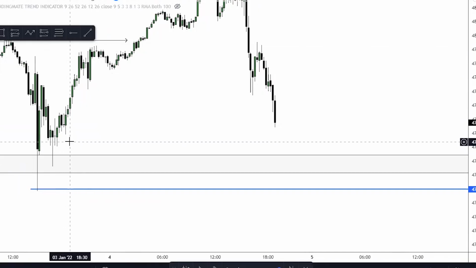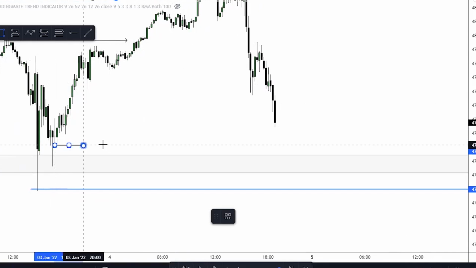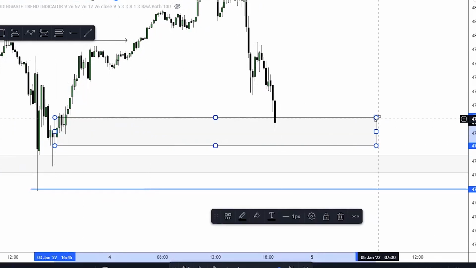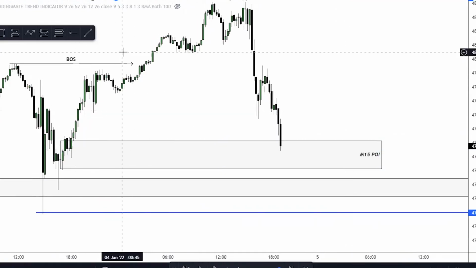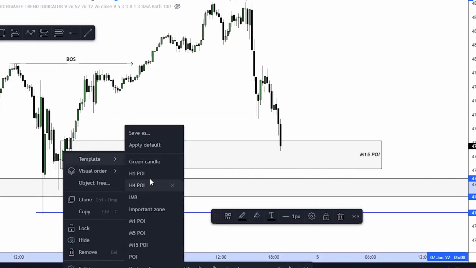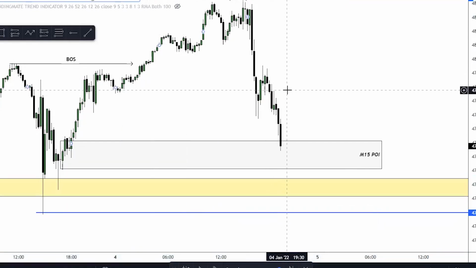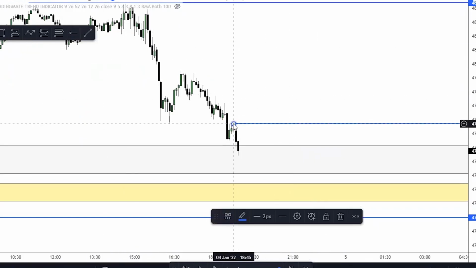Let me see. I would prefer this one right here, because as you can see it is below the break of structure line near the key level, and also has an impulsive candle after it. So let's move back to the 5-minute time frame and do some scalping in the market.